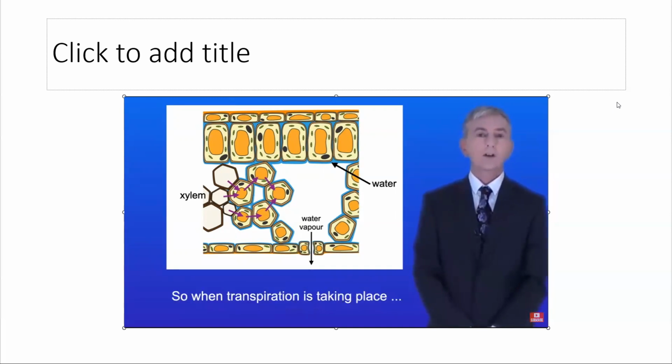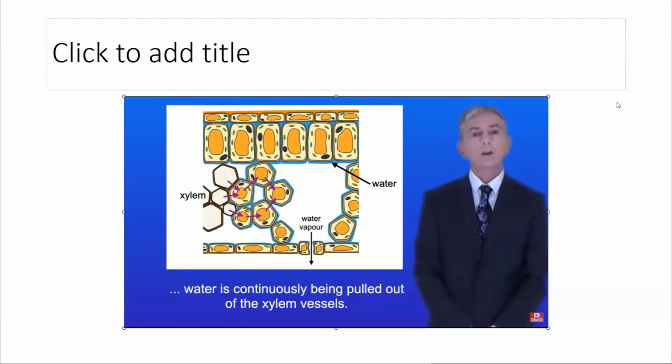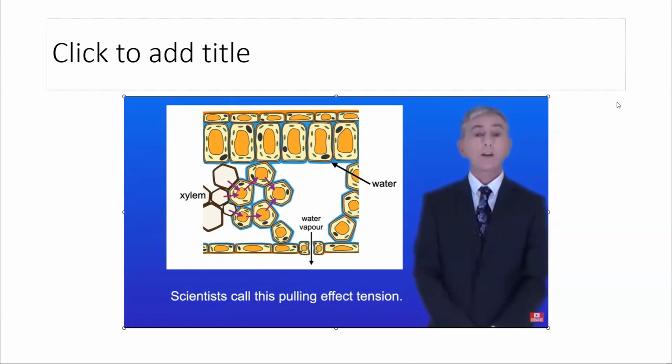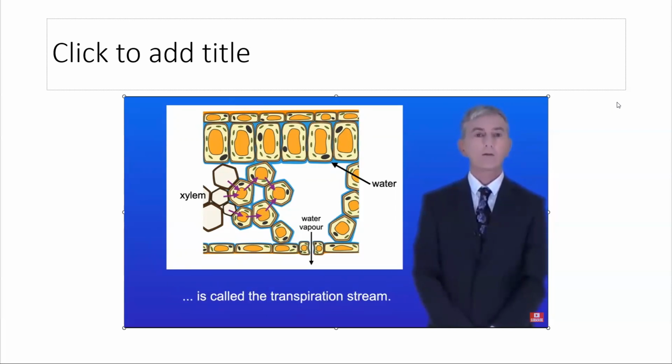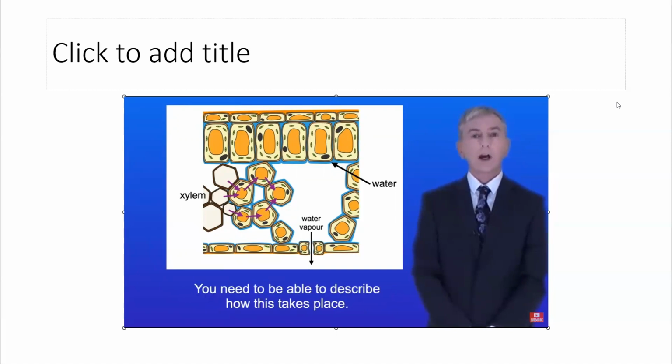So when transpiration is taking place, water is continuously being pulled out of the xylem vessels, and scientists call this pulling effect tension. The movement of water from the roots up the xylem and out of the leaf is called the transpiration stream, and you need to be able to describe how this takes place.